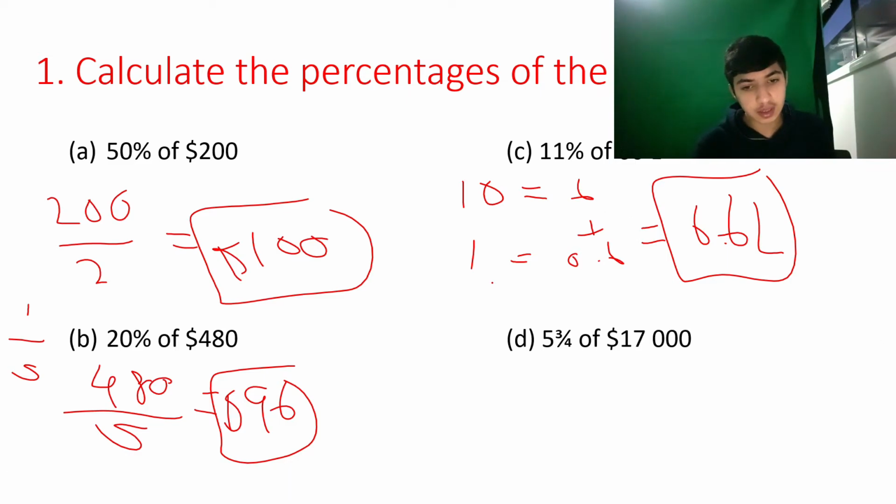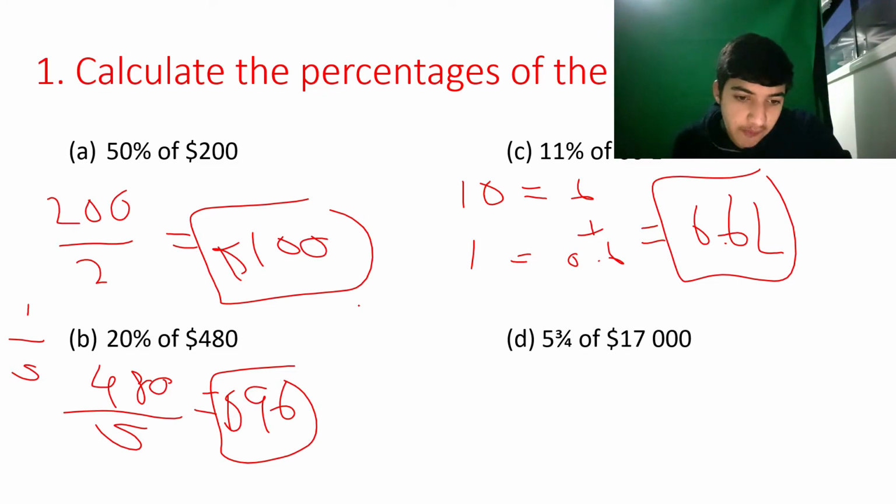Now for D, I haven't gone through this, so I added this question in case you guys think this is easy. I added it as a fraction: 5 and 3 quarters percent of 17k. What you can do is convert that to a decimal, that's what I would do.